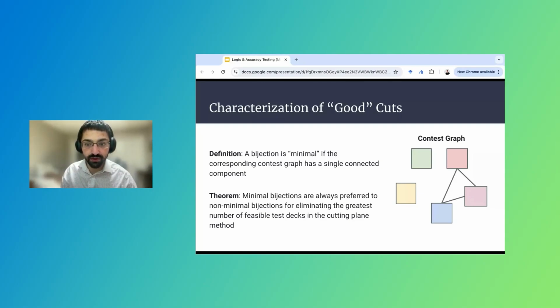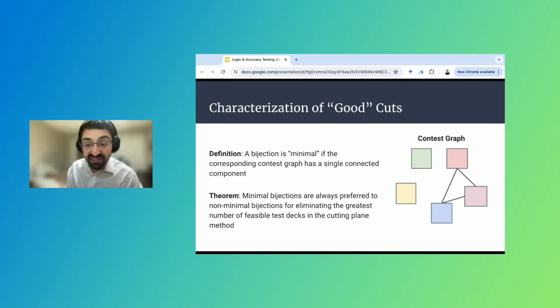So what's the intuition here? The intuition is that the simpler the attacker is, or let me say it conversely, the more complex an attacker is, the fewer test decks you can eliminate.